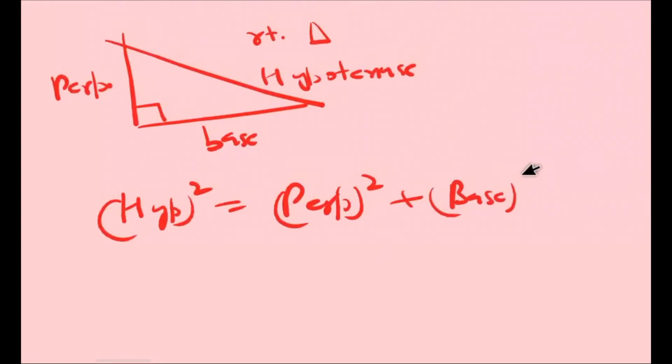Sometimes you need to know this formula. If base is given, hypotenuse is given, find the area. How will you find it? First find the perpendicular using this formula, and then you can find the area of this right triangle. Okay, student.